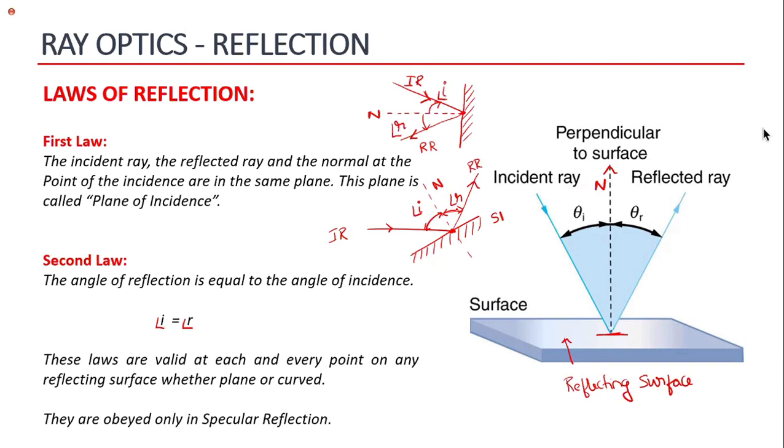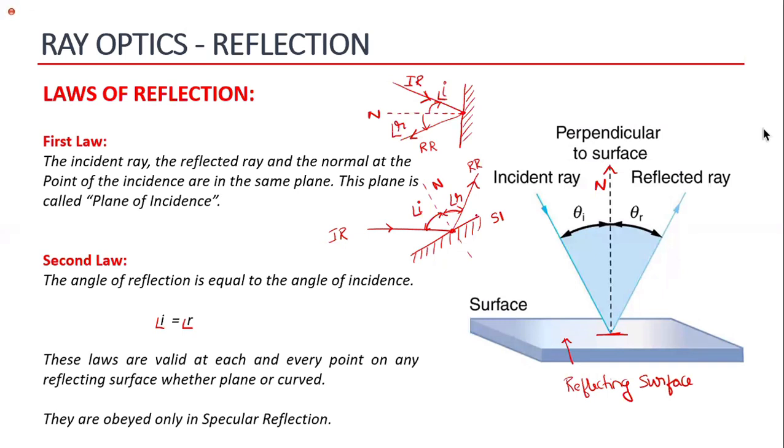And as I said very clearly, if you want your reflected ray, what will you do? Draw a normal and take the same angle on both sides. Take the point on the surface where your incident ray is hitting.